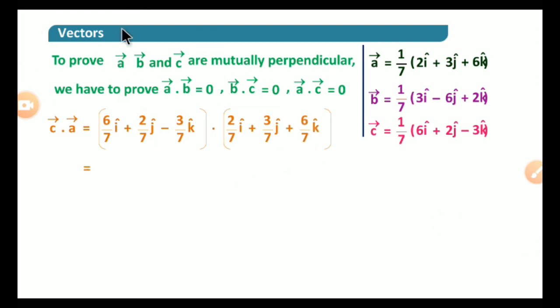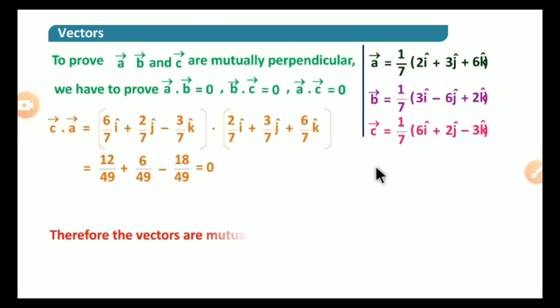Now we can make the dot product. Here it is 12 by 49 plus 6 by 49 minus 18 by 49. After adding all these, here we get again 0.